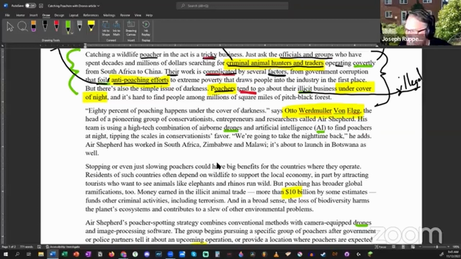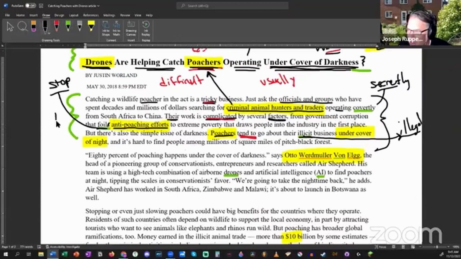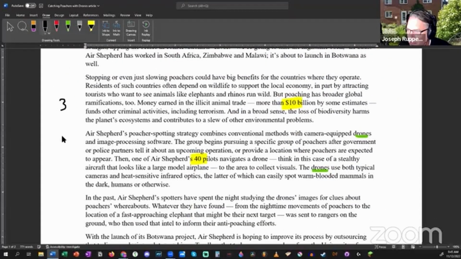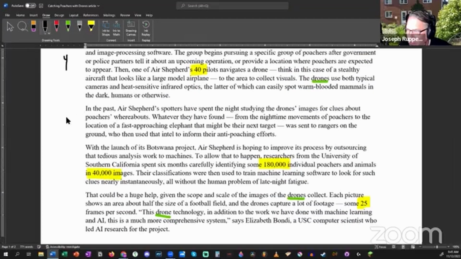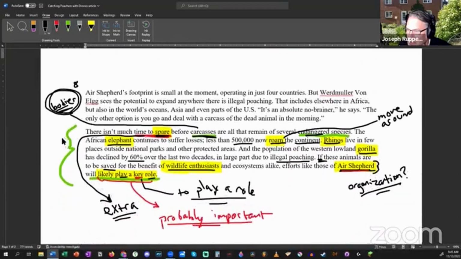All right. So how many paragraphs do we have here? We've got this first, our introduction, 2, 3, 4, 5, 6, 7, 8, and 9. All right, very good.